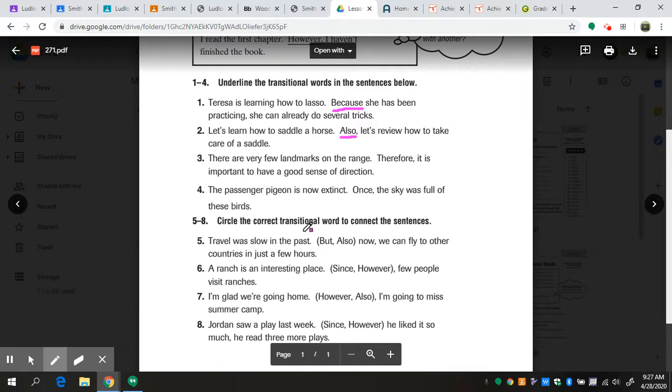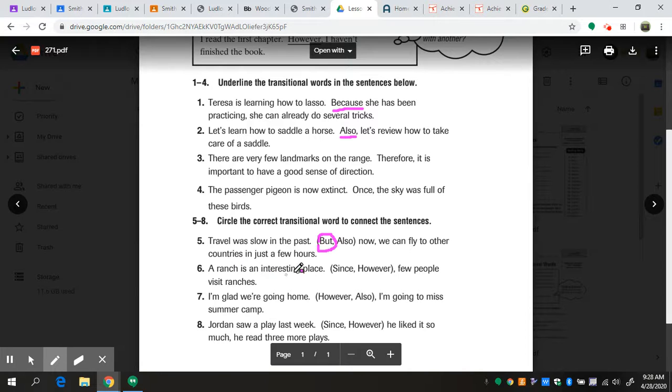We're not trying to show that kind of relationship between the first part and the second part. What we want to do is show that there's been an improvement or a change. So we're going to use the word but here because it tells us that travel was slow in the past, but now, so this tells my reader that something has improved, that now things are almost the opposite of how they were in the past.